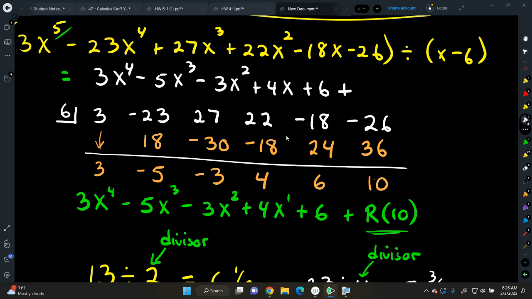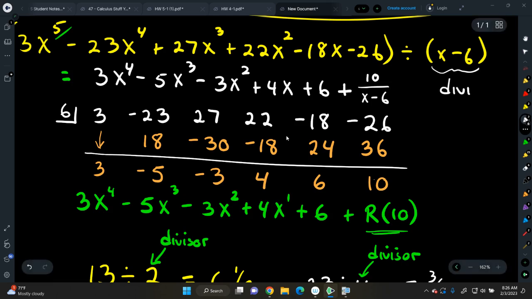So the remainder was 10. What's the divisor in this problem? We're dividing by x minus 6. That's the divisor. So we're going to put it over x minus 6. Okay, this is the divisor. That's our final answer.